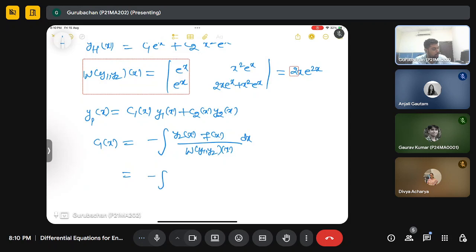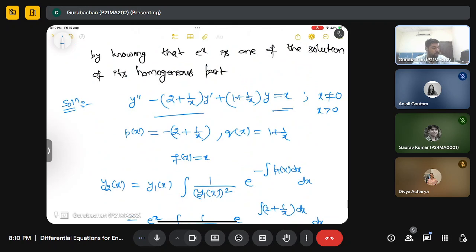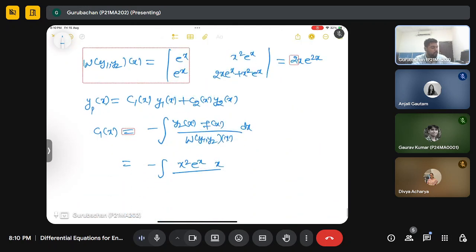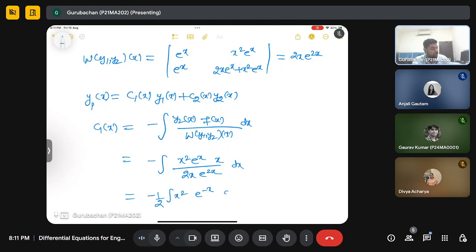So let me write this y2(x). y2(x) is x square e to the power x. And what is your f(x)? f(x) is x here from this changed one. And your Wronskian is 2x e to the power 2x. So from here, one x will cancel out and you will be left with minus x square e to the power minus x with half.